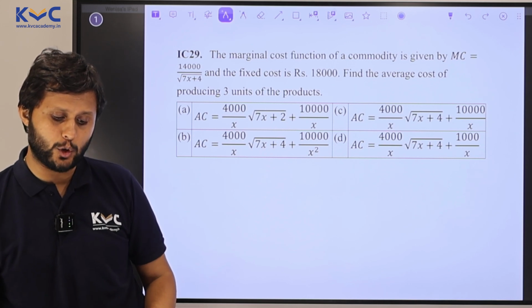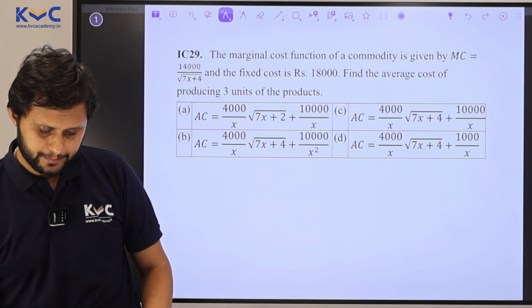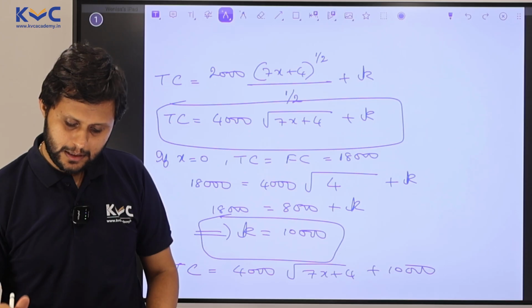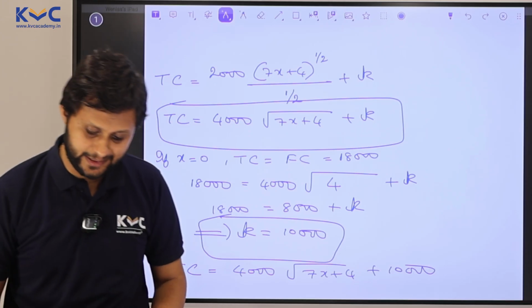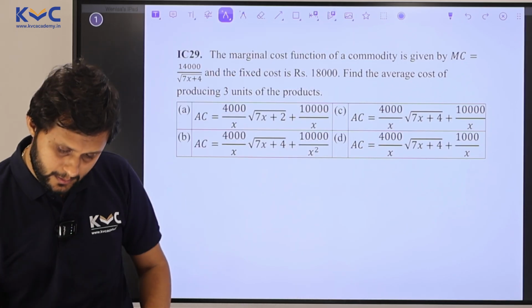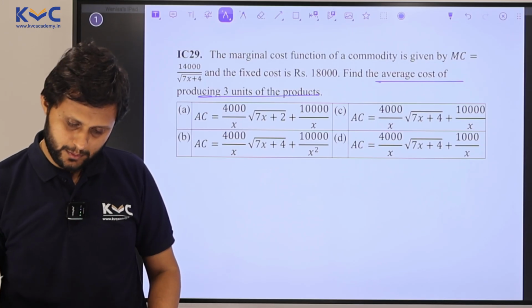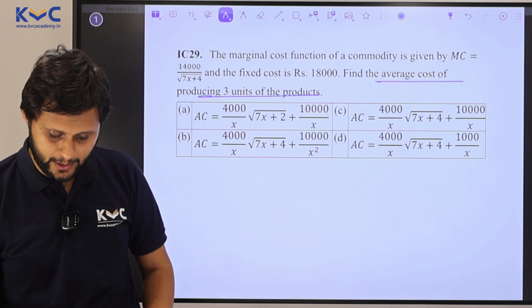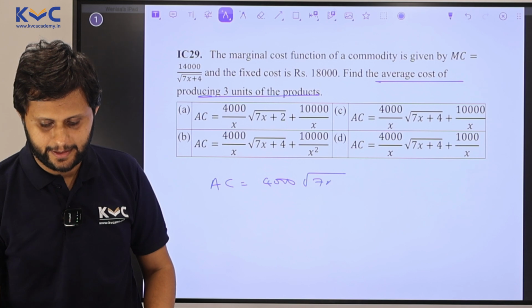Find the average cost of producing 3 units of product. Okay, so we have the total cost function. Now what if you produce 3 units? They've just written the average cost function, they're not substituted. So what we can do is, average cost is equal to 4000 square root of 7x plus 2.